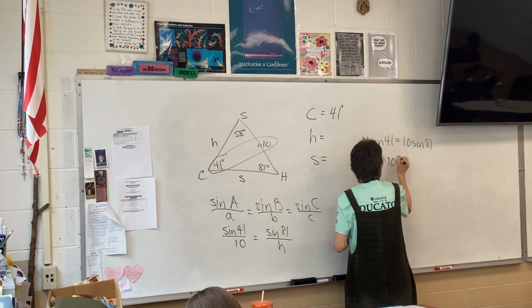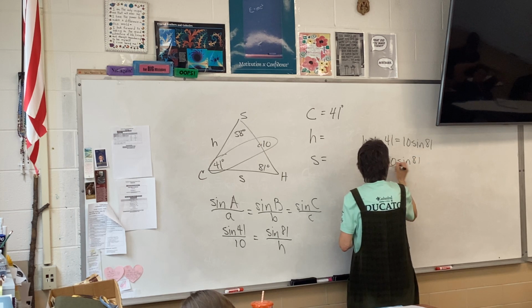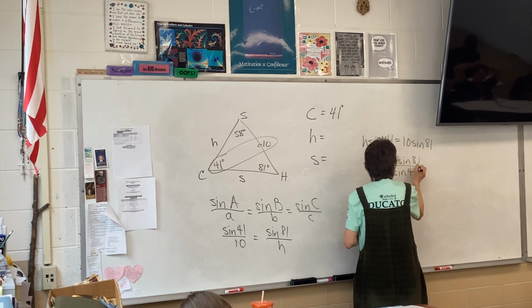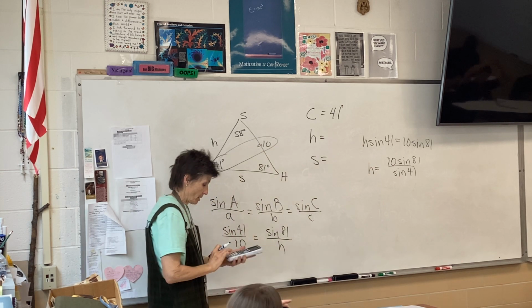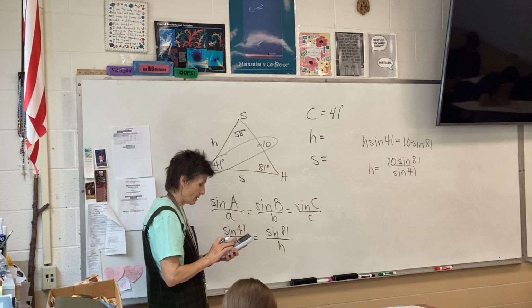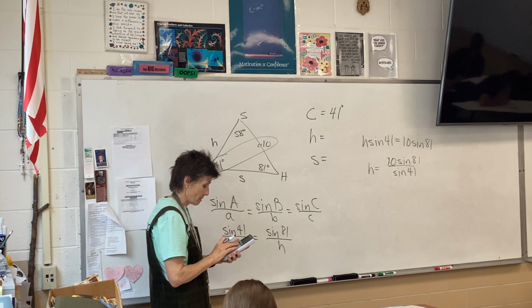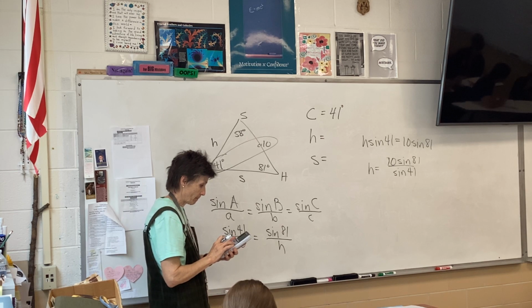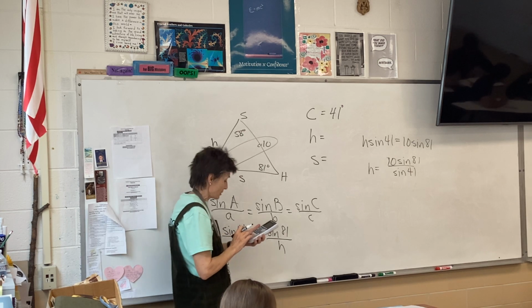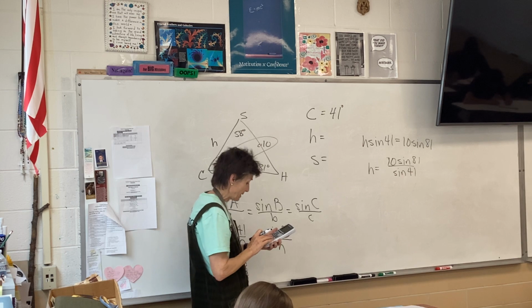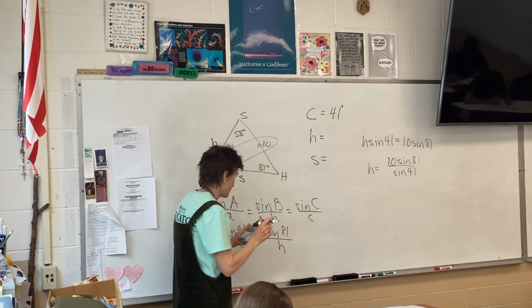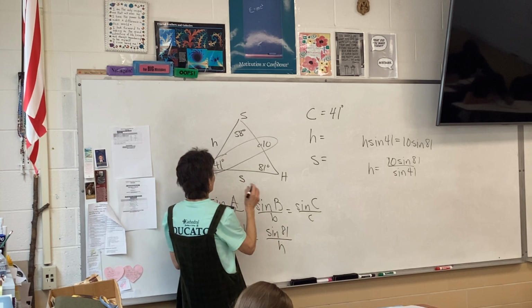Before you type this in on your calculator, remember these are degrees, so you need to change your calculator into degree mode. So 10 sine 81 divided by sine 41. Did you get 15.055?